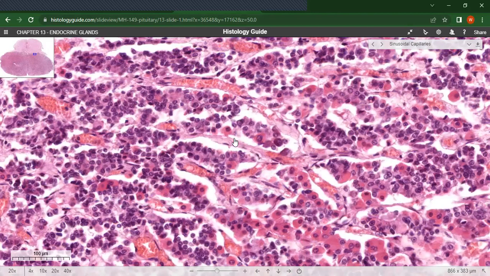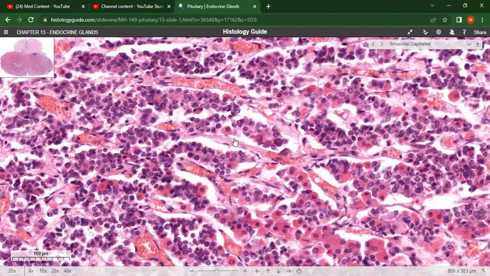Remember, the pituitary gland has adenohypophysis and neurohypophysis. Adenohypophysis has 3 parts: pars distalis, pars intermedia, and pars tuberalis. Neurohypophysis also has 3 parts: median eminence, pars nervosa, and infundibular stalk. Remember the cell types of the neurohypophysis: pituicytes, and it has Herring bodies.